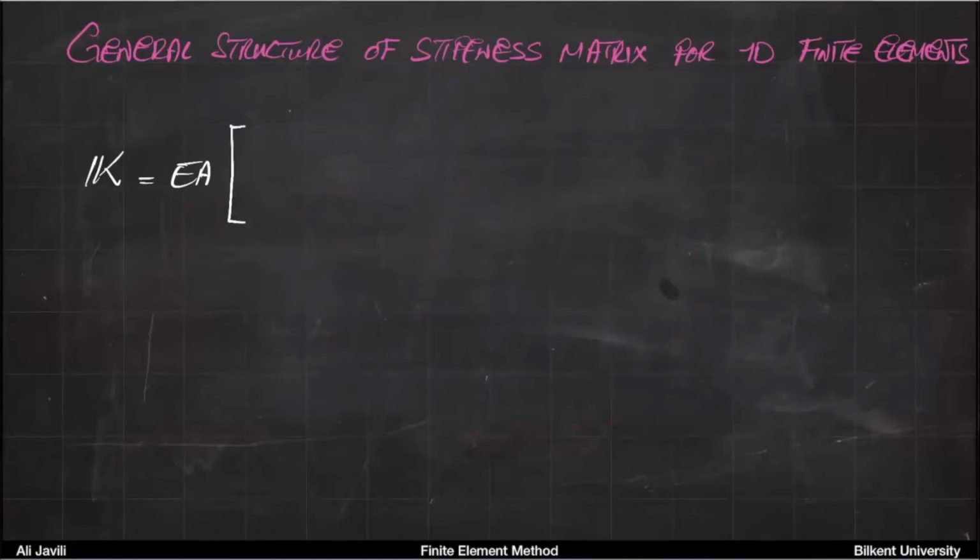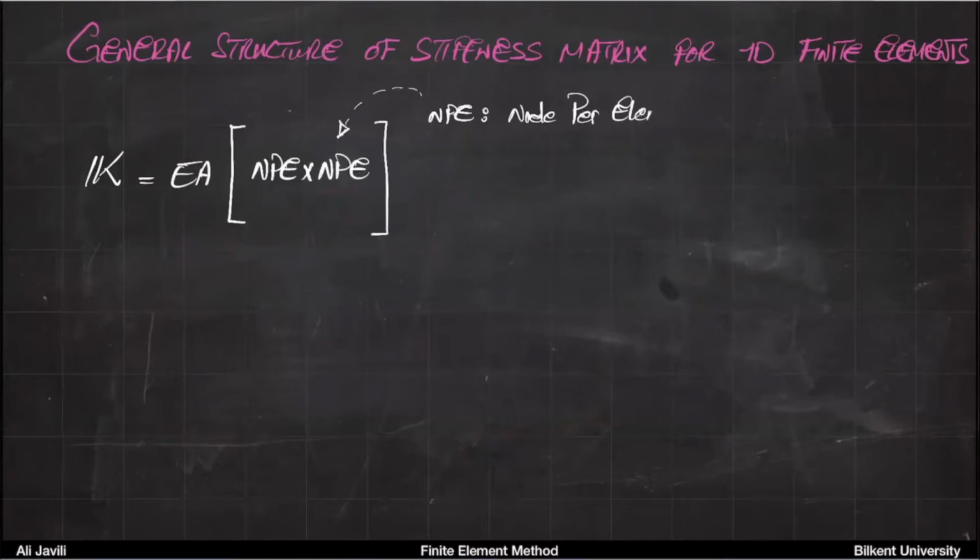So you end up with a matrix which is of the size node per element times node per element. Okay, so this would be node per element.